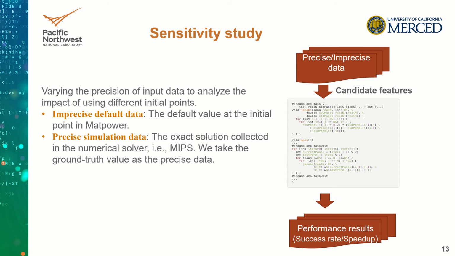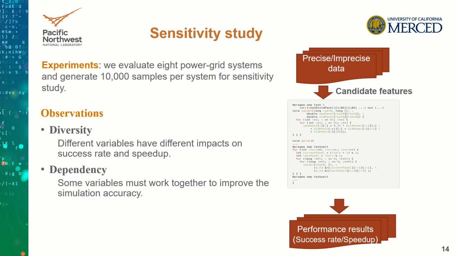So, as shown in the right figure, we will inject the imprecise and precise simulation data into the code region, and then we will collect the performance results, which are the success rate and the speedup. We will use the performance results to analyze the sensitivity of each variable. So the interesting thing is, through the sensitivity study, we can observe two properties of the candidate features.